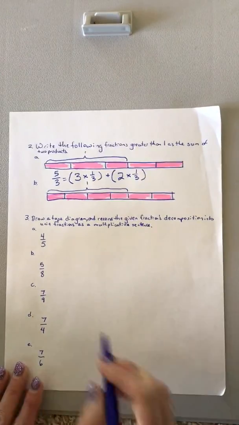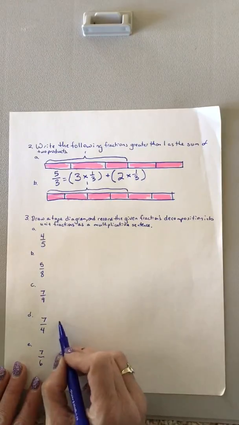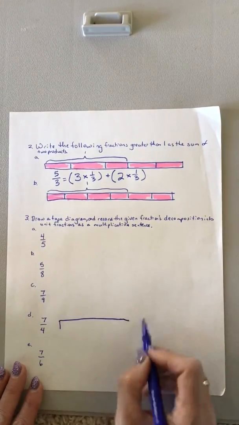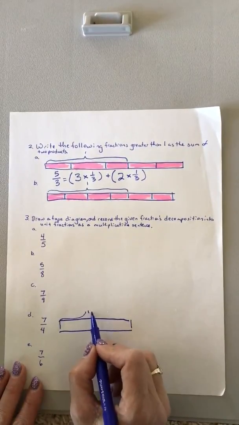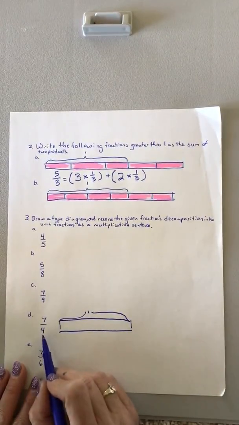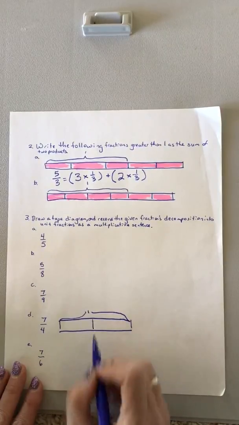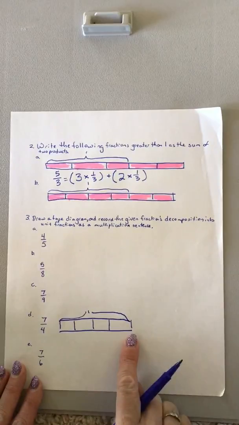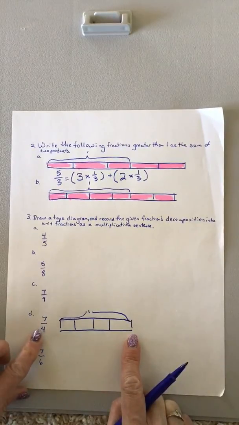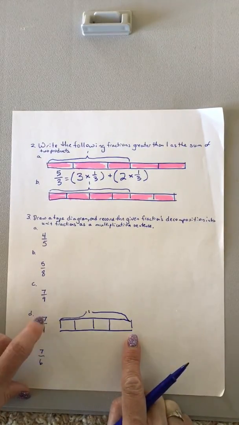Okay, so this is what I'd like you to do. Look at your denominator first, and you're going to get ready to draw it. So I'm going to draw my whole first. Okay, so I'm going to put my whole here. And I'm going to break it into fourths. Those are easy. Break half, and then 2 more. Okay, so there's 4 fourths. 4 fourths, to get to 7, I need to add on 3 more.